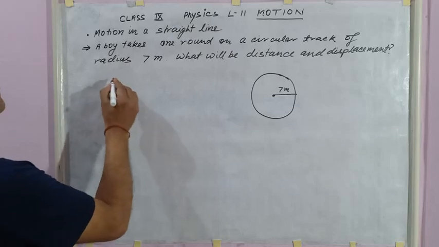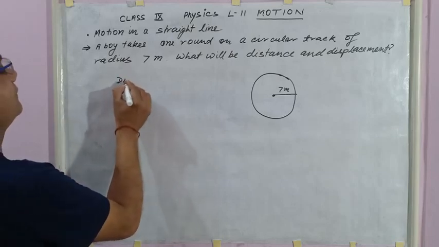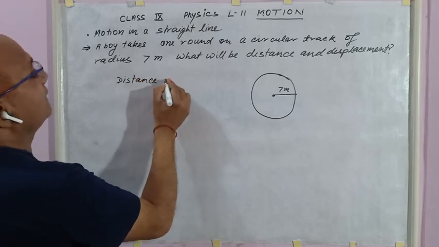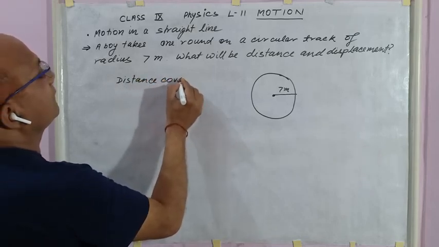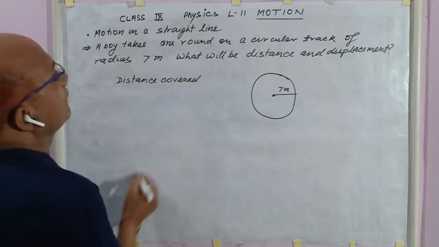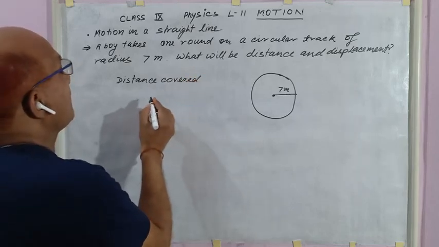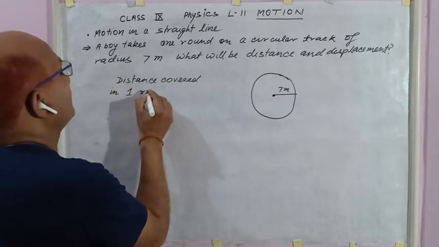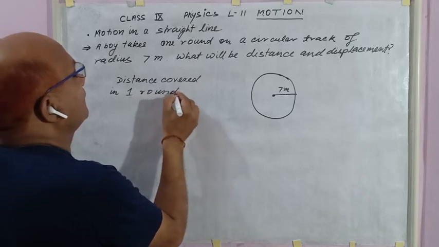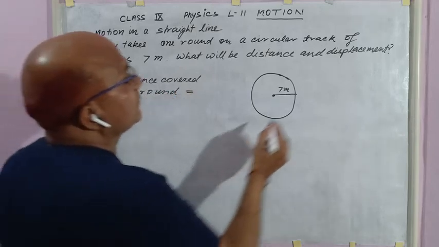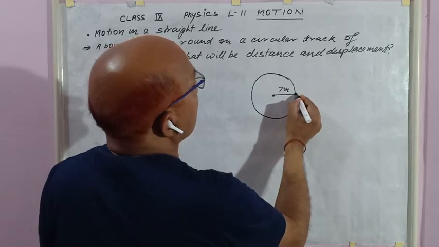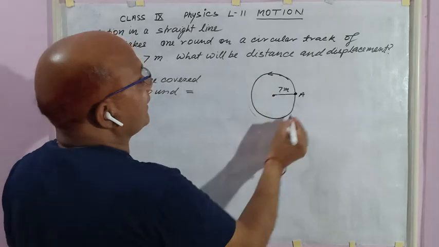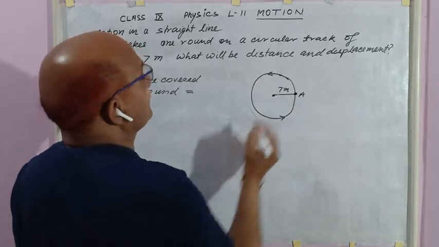So distance covered in one round, suppose he starts from A and he takes one round on the circular track like this.